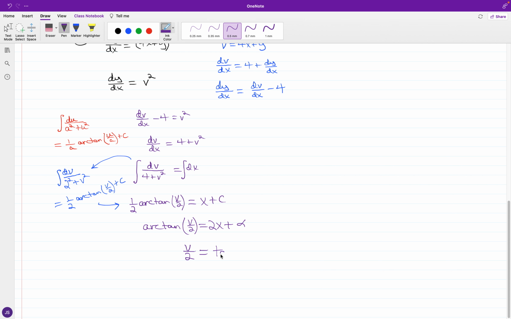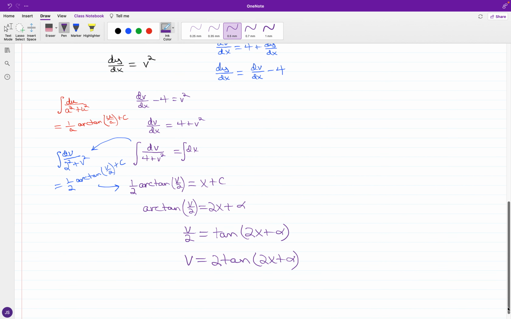Equal to the tangent of the quantity 2x plus alpha, and multiplying by 2, we have that v is equal to 2 times the tangent of 2x plus alpha. Back substituting, v represented 4x plus y.